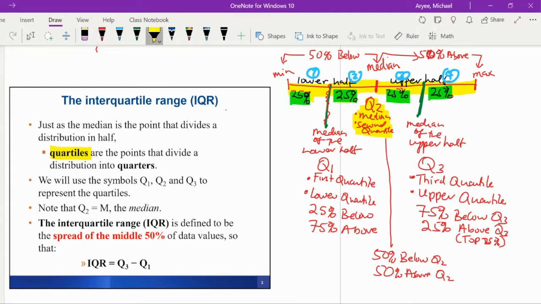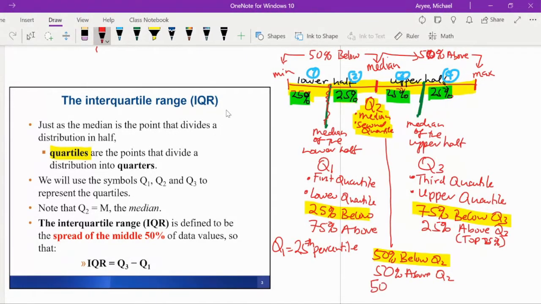Now, usually when you look at the percentage of data below a particular value, that also has a special name that we call percentile. So Q1 is the same as the 25th percentile.